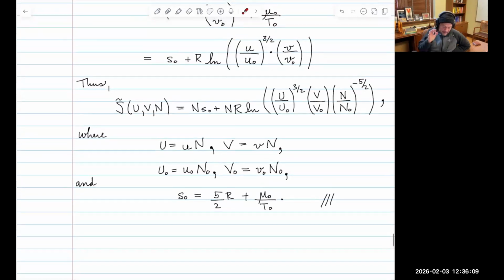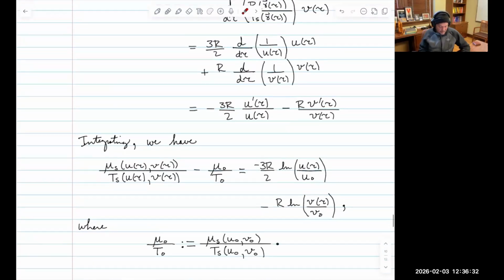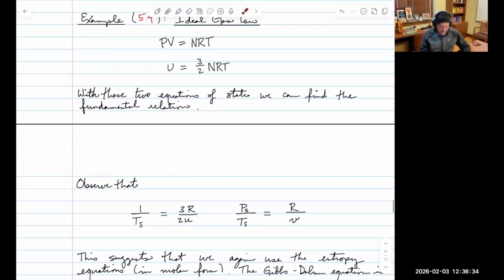Okay, so if I have this relation, then I can derive all the other thermodynamic variables of the system: the temperature, the pressure, the chemical potential. So you could take this and see if you can derive the PV equals nRT ideal gas law relation that you're so familiar with, or the three halves law involving U or temperature. So you should be able to get back these.